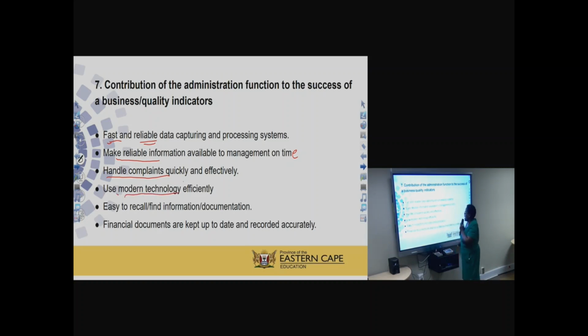If a company can't move with technology, it means for their administration, they are not doing well. It must be easy to find information. When you want something, it has to be easy. You must find the information easily, or you must access the information. Financial documents must be kept up to date, and they must also be recorded accurately.